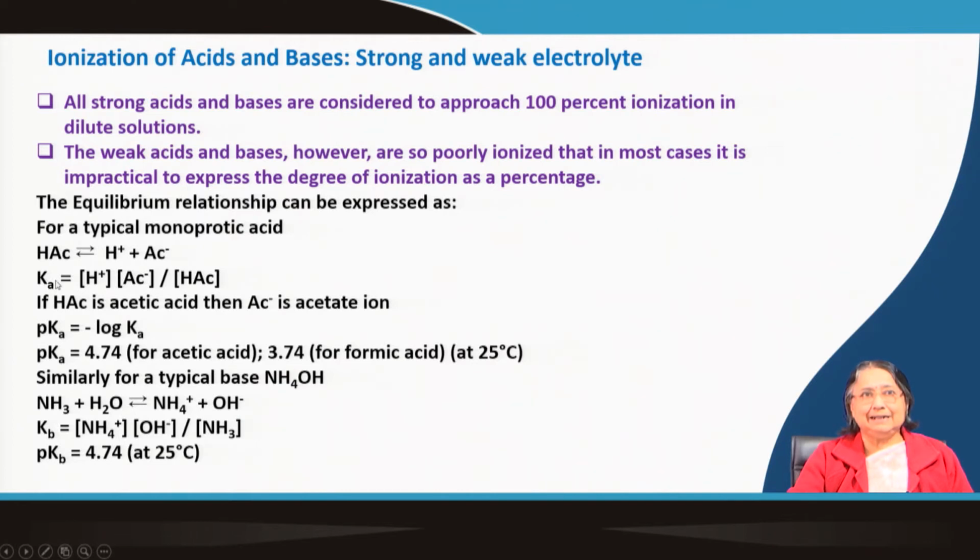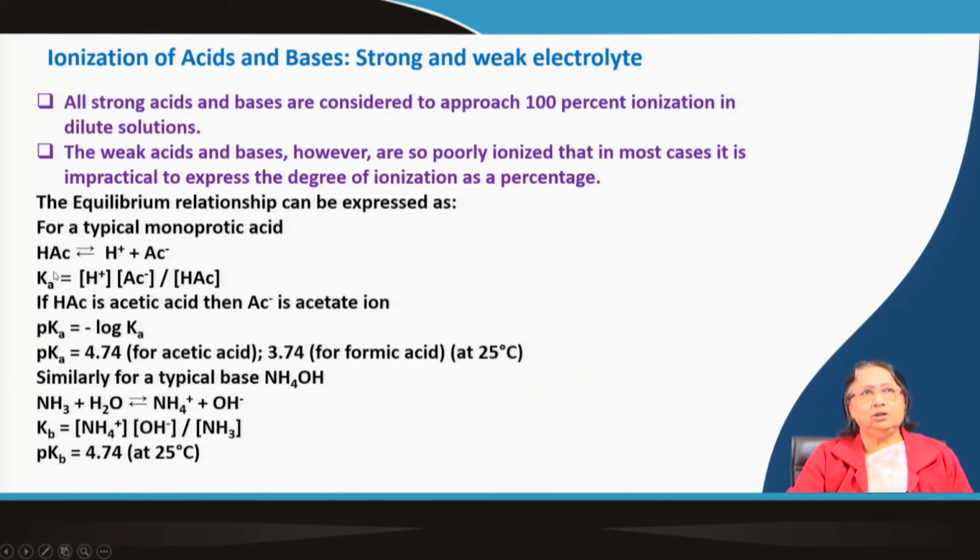This is the acid, that is why A is coming, and from this equation we can easily tell that Ka is nothing but the H+ ion concentration times the acetate ion concentration divided by the undissociated acetic acid concentration.